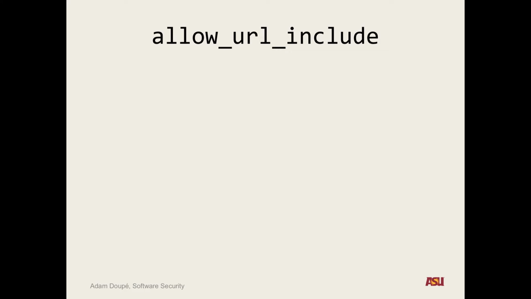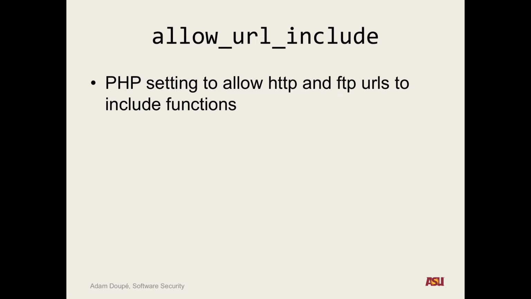Okay, some other PHP misfeatures. Allow URL include is a setting in PHP to allow HTTP and FTP URLs to be used in include functions. So when you set require or include, you could specify a remote HTTP or FTP address, and then at runtime it would go download that page by making the HTTP request and execute it as if it was part of your code.